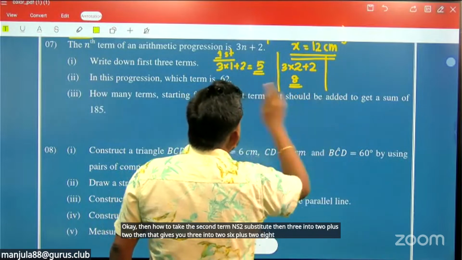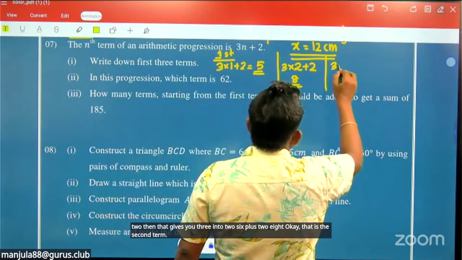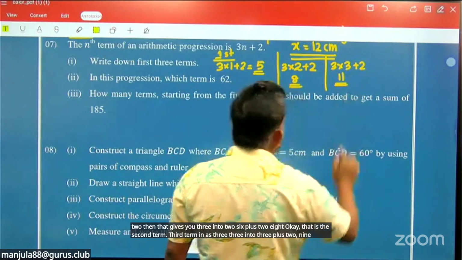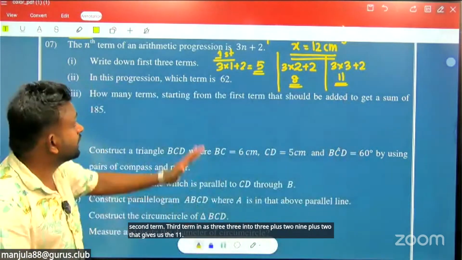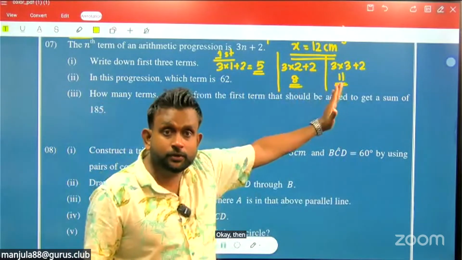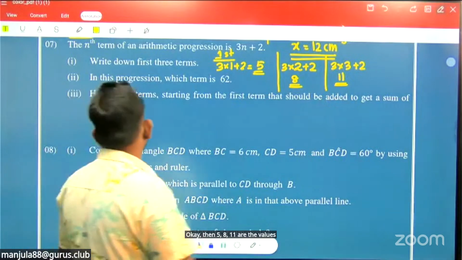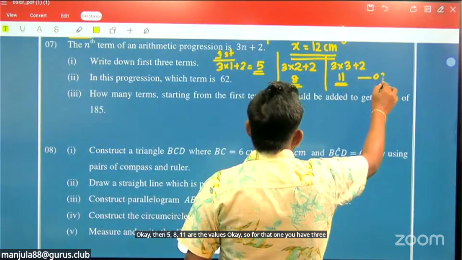That is the second term. Third term, n as 3: 3 into 3 plus 2, 9 plus 2, that gives 11. Okay, then 5, 8, 11 are the values. So for that one, you have 3 marks for finding the terms.